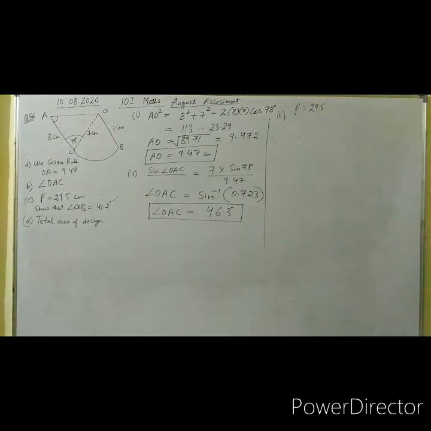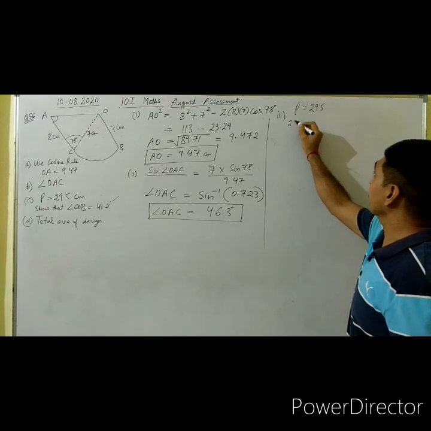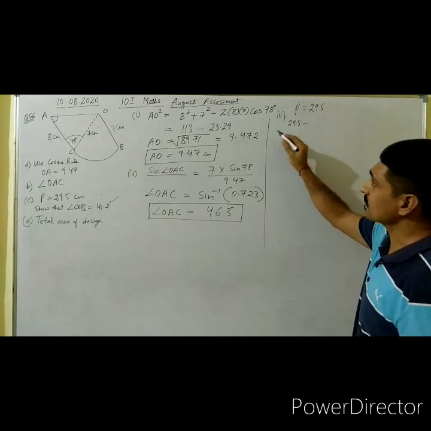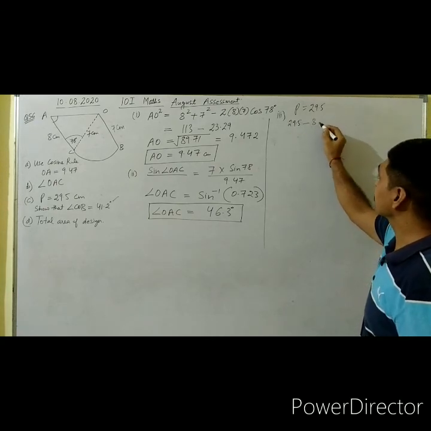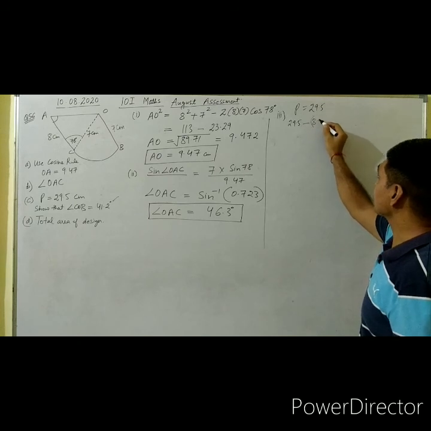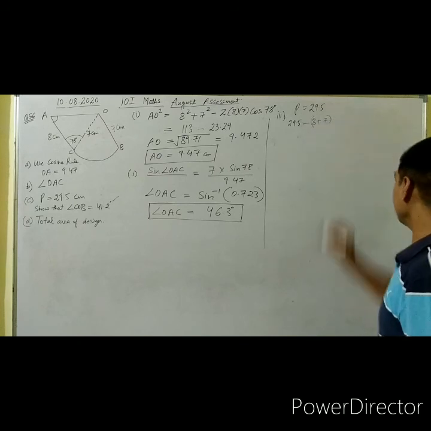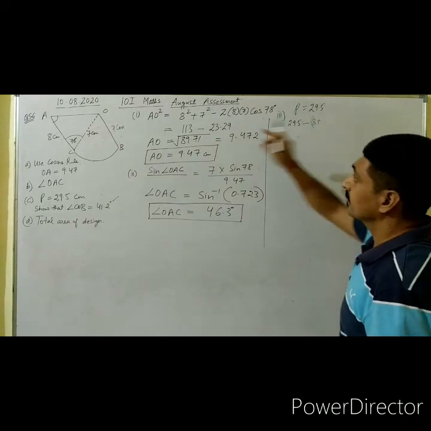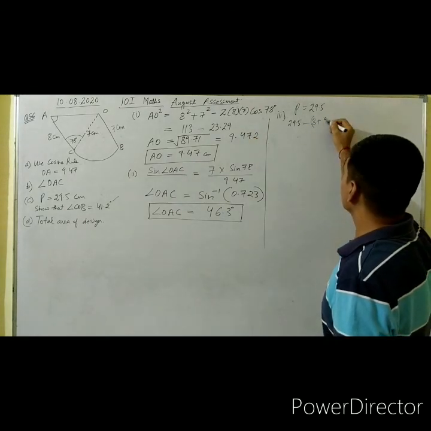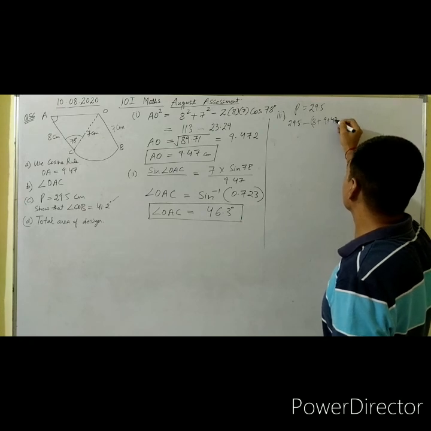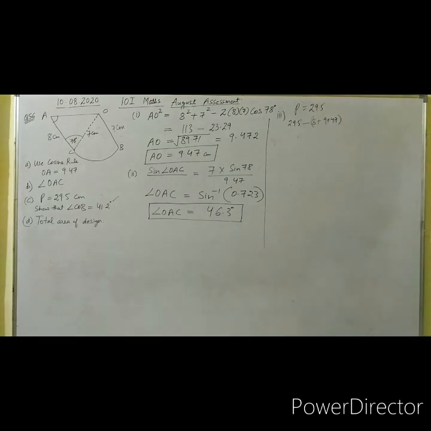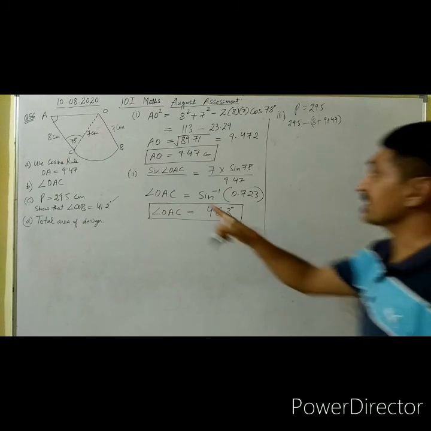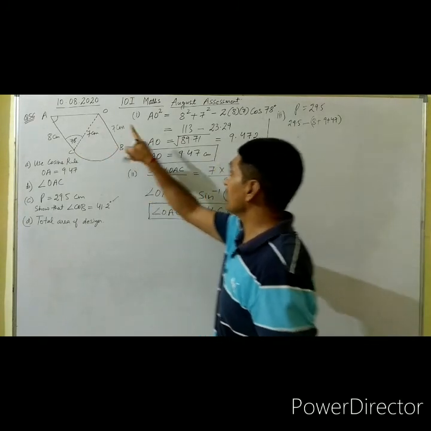So here we have 29.5 minus 8, minus 7, minus 9.47, is equal to the remaining side, that is CB.